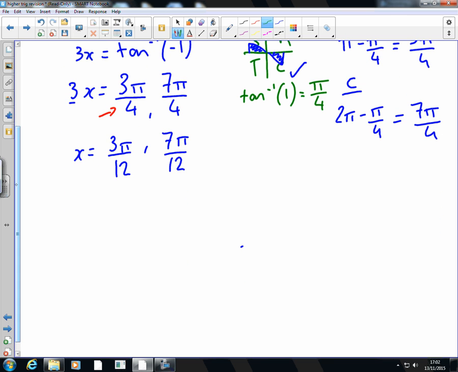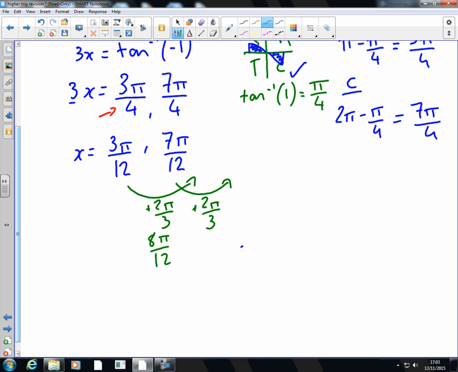So we're going to add on 2 pi over 3 every time until we go over our range, which stops at pi. So 2 pi over 3 really means 8 pi over 12. Okay, so that's 8 pi over 12, so we've got the same denominator.